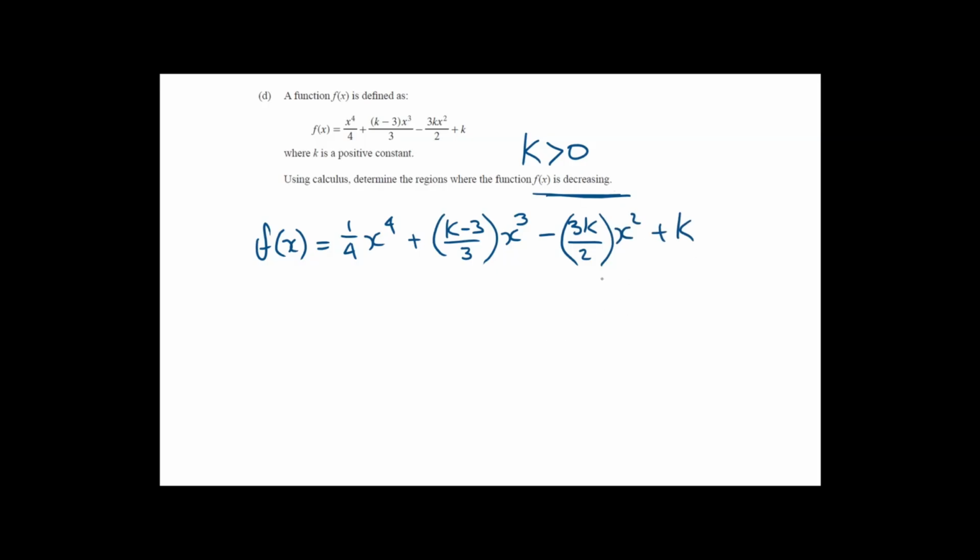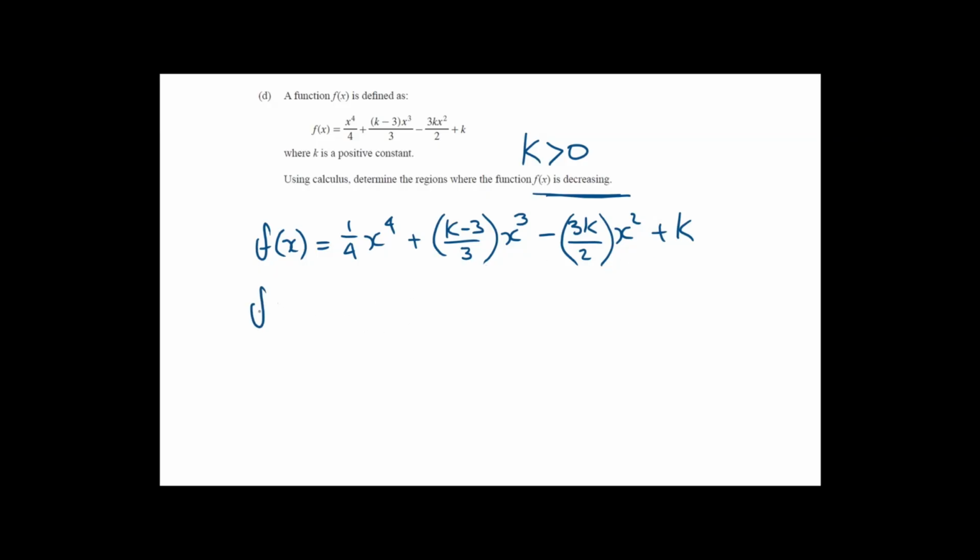All right, so I'm going to rewrite this. If f of x is that, I'm going to rewrite this as a quarter x to the power of 4 plus (k minus 3) over 3 x cubed. This is going to let me use the power rule. Minus 3k over 2 x squared plus k. k is a constant, so these must also be constants.